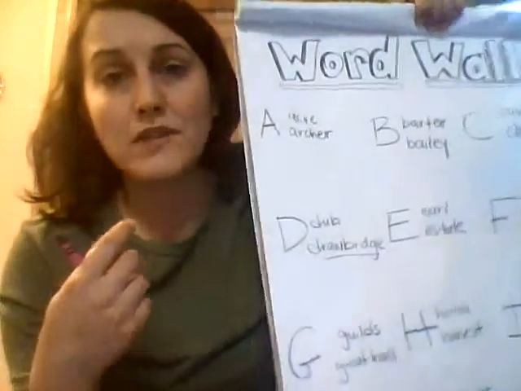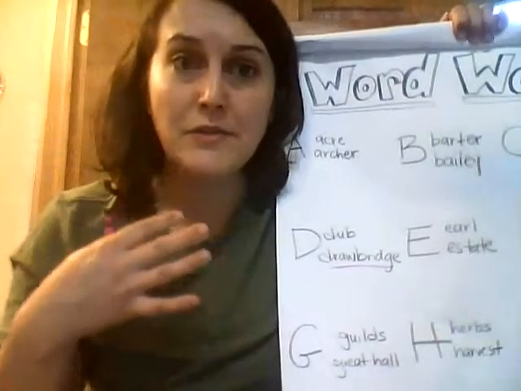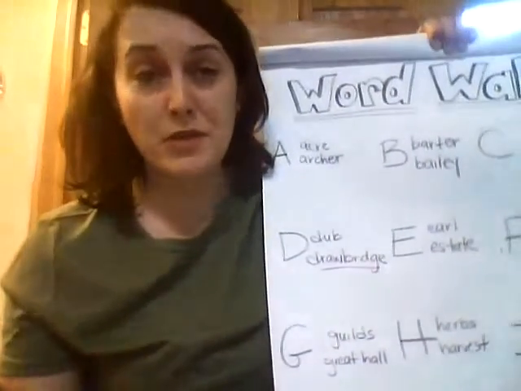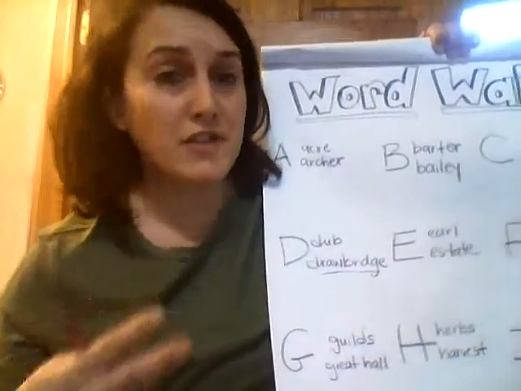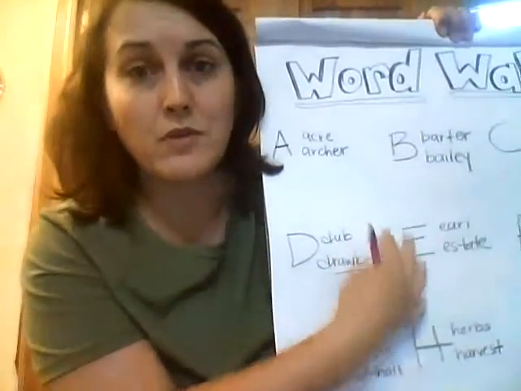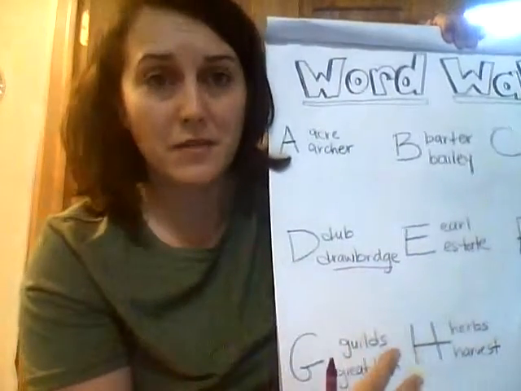And then once they kind of did an I do, then Mrs. Barney pushed them and they were allowed to get into groups and find other words on their word wall that they wanted to find synonyms for. And that's really great because it's helping them draw connections between words. And the more connections and the more time you spend on the words, the more they're going to understand them.